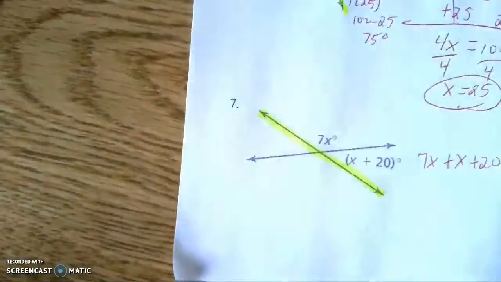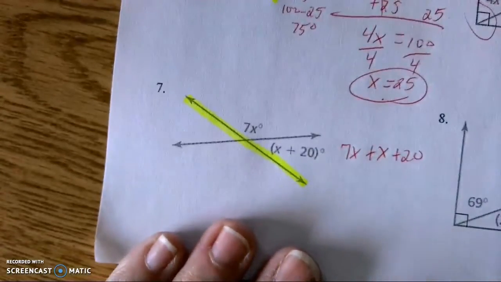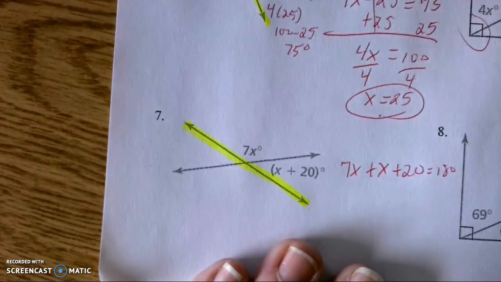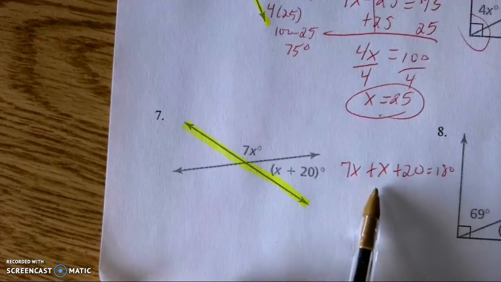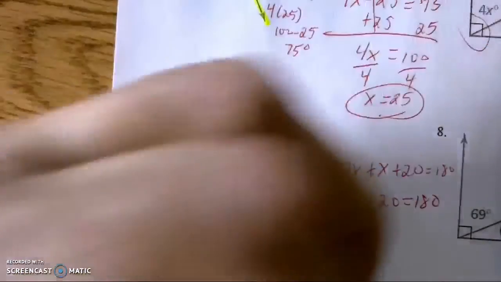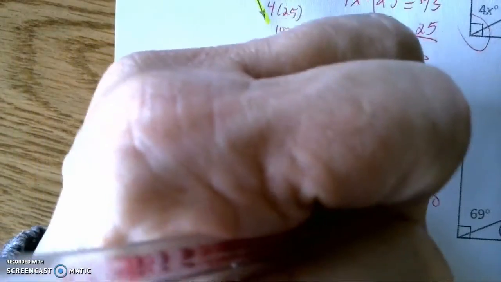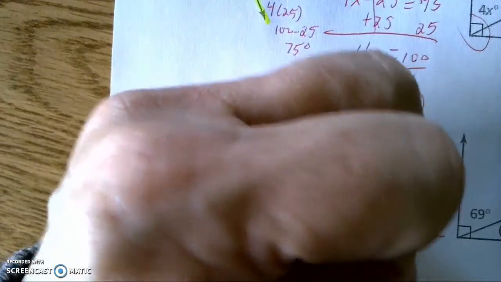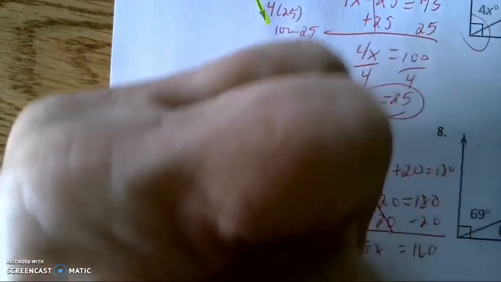7x plus x plus 20 equals 180. Combine your like terms. 8x plus 20 equals 180. And now solve a two-step equation. Subtract 20 from both sides. 8x equals 160.